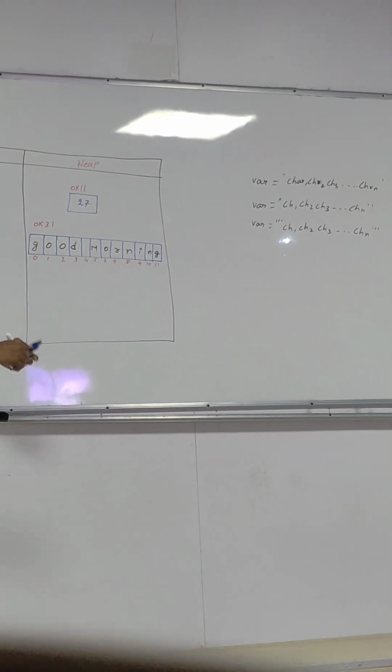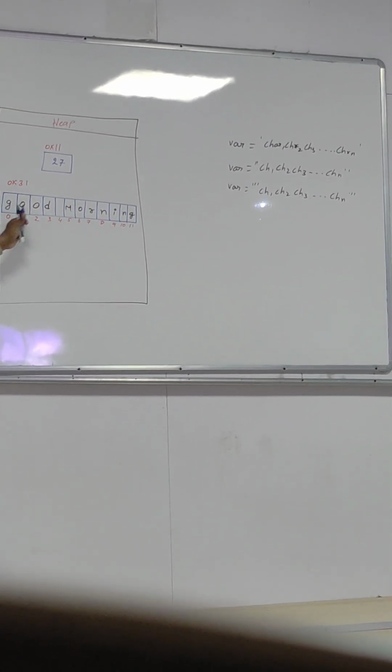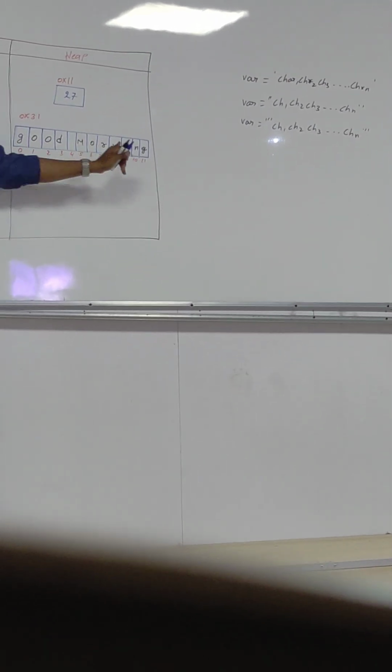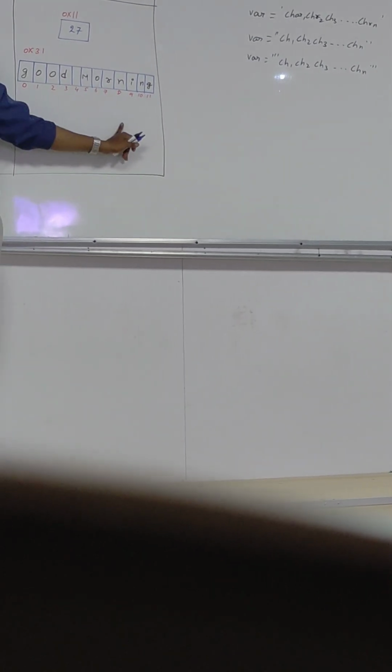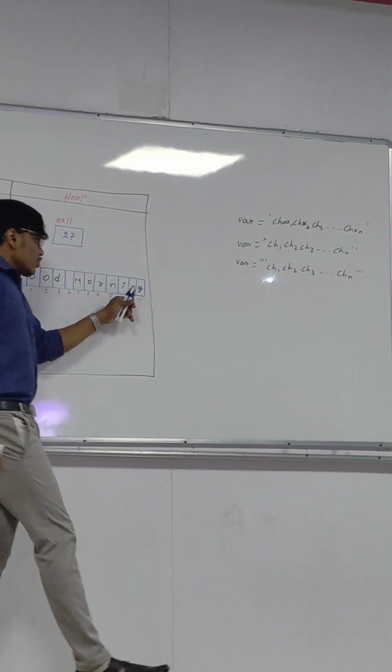This is positive indexing. Positive indexing travels from left to right and starts from 0 to n minus 1. How many characters are there? 12. But the positive indexing goes only up to 11.